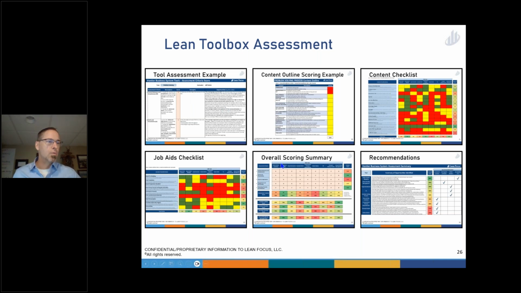So it's not just a rating, but you have some idea of what to work on. And then we provide some recommendations. So looking at, hey, this material was good as is, you're good to go. Doesn't mean there aren't some opportunities for improvement that we would have shared, but really good as is.